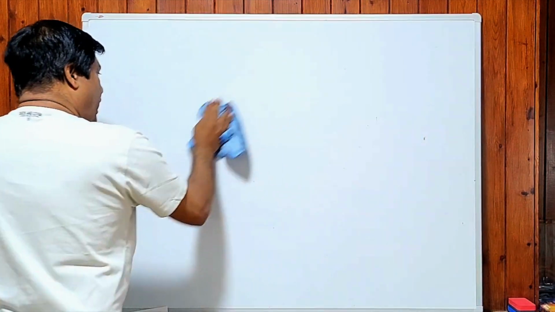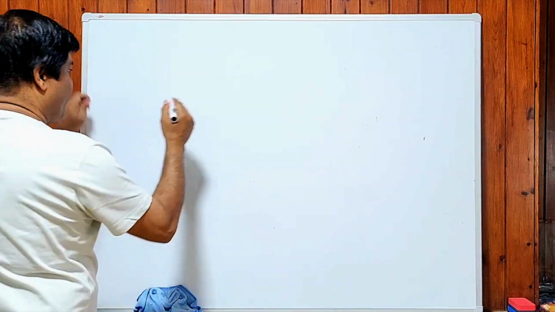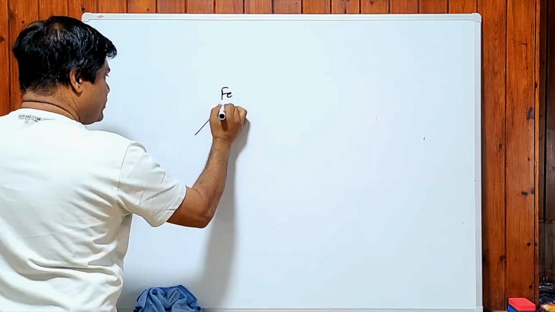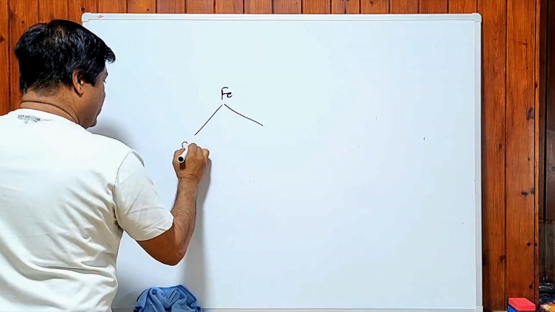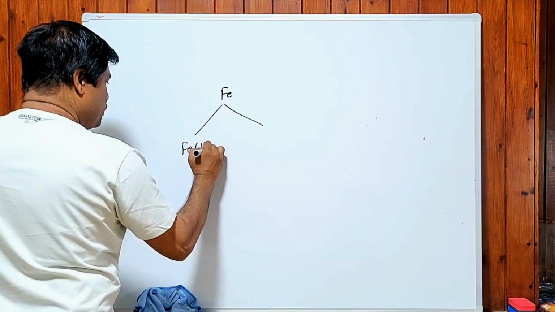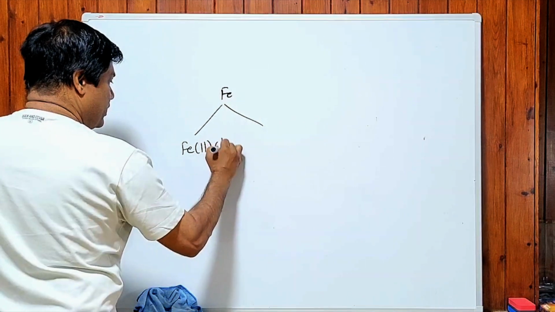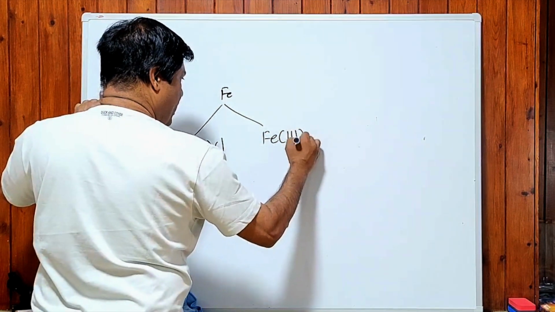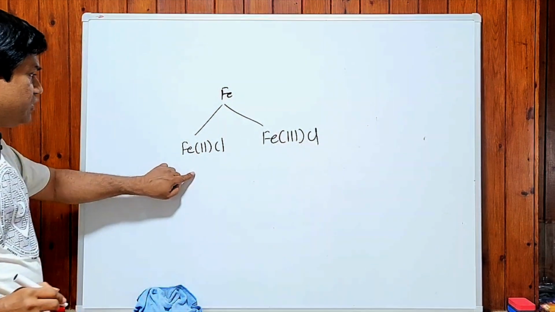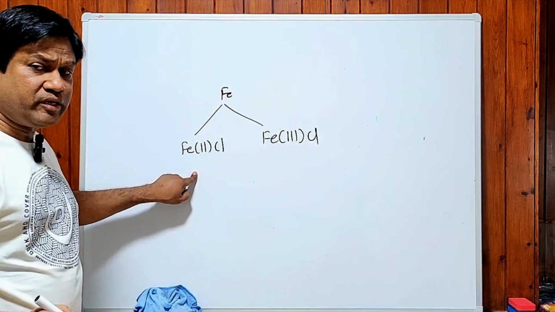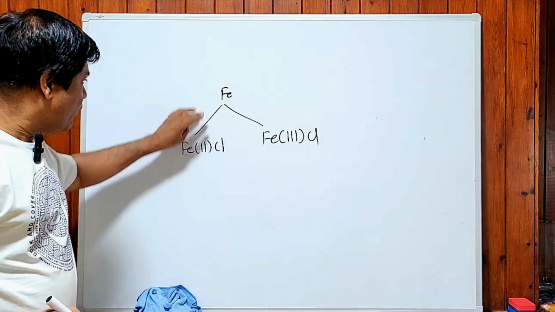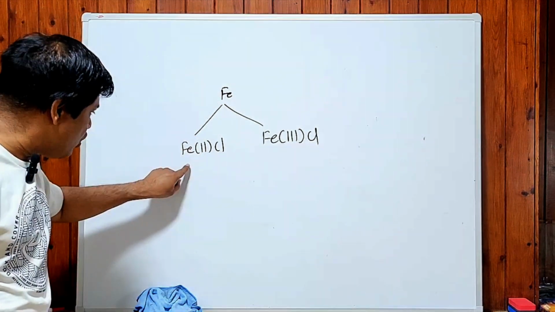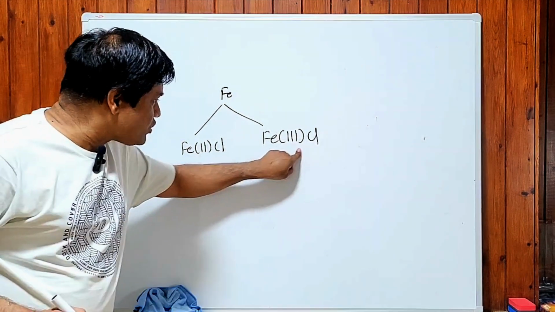Like Fe, iron, the ferrous. For this Fe, you can come across Fe(II) in brackets with Cl, and sometimes Fe(III) in brackets with Cl. Any idea what this means? 2 in the bracket means iron is a metal which lost 2 electrons here, and lost 3 electrons here.